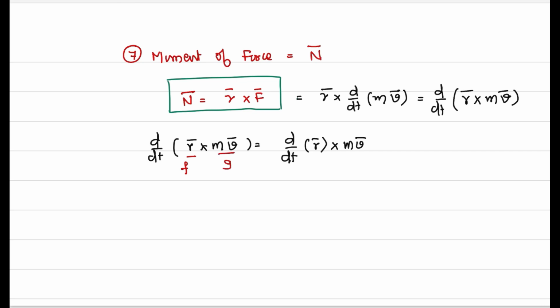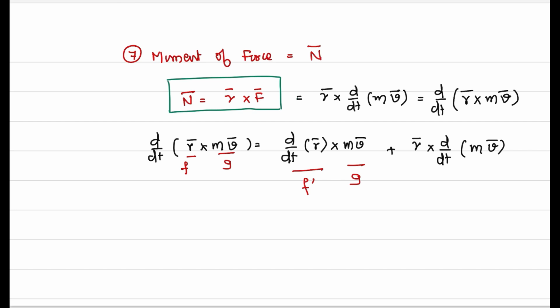D by dt of f cross g is equal to f dash into g plus f into g dash.